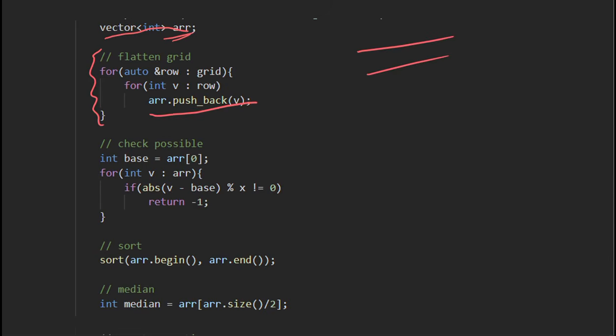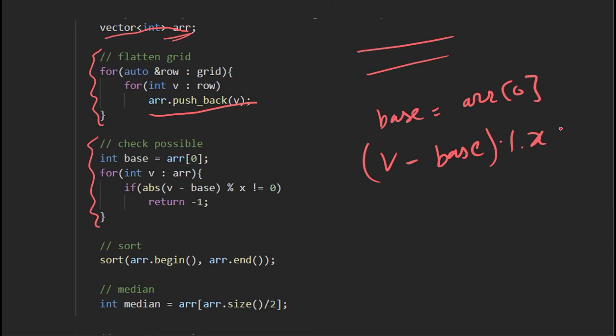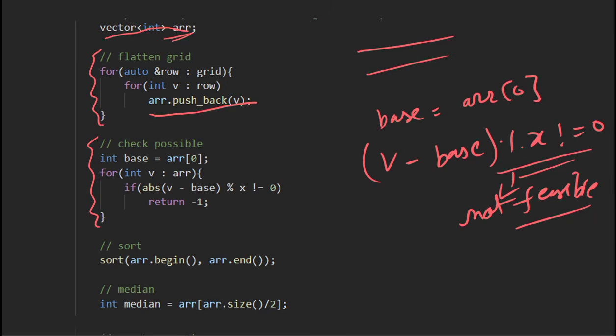Then we have checked the feasibility condition, and for it we have taken the base as the 0th element, then taken the difference of all the other elements with the base element, and then taken the modulo. If the modulus value is not equal to 0, that means it is not feasible to convert all the numbers to a particular number, so we return -1. But if this condition does not hold, that means all the numbers are feasible.